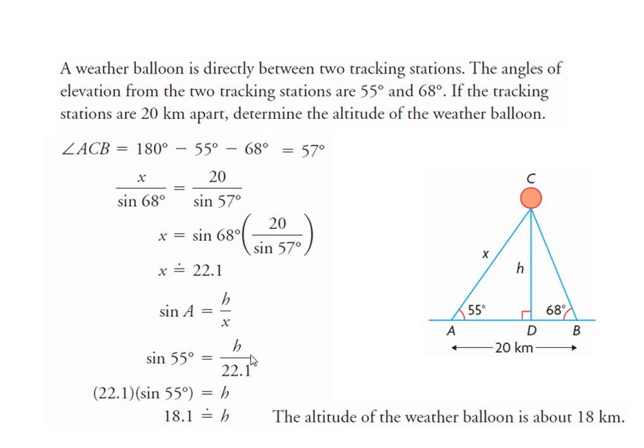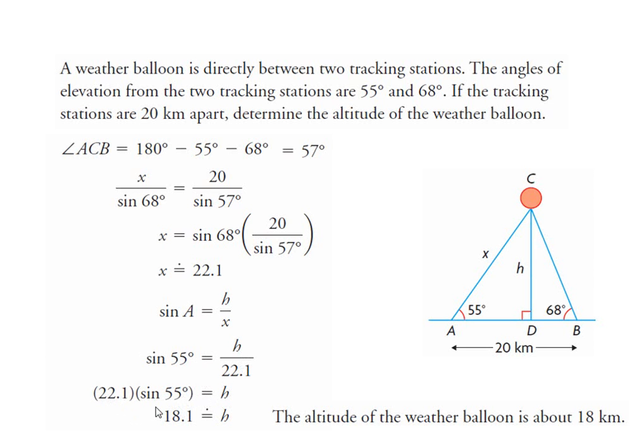Okay, so we solve this equation by moving this 22.1 to the left side. Okay, we get this part. So this is what we got, and this is equal to h. h is left behind on the right hand side, right?